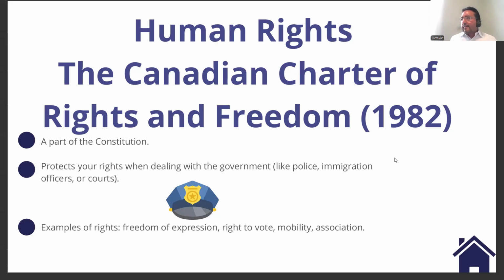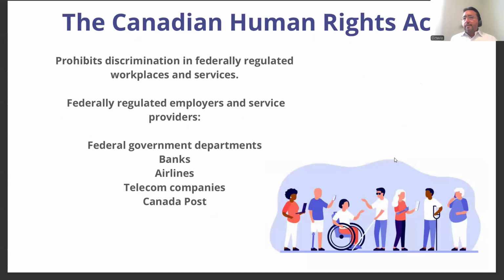Now, in the next slide, we can see more specifically how these rights would operate. Because at the federal level, we have the Canadian Human Rights Act. So this act prohibits discrimination in federally regulated workplaces and services. So that's what I was talking about when we were looking at the chart, right?